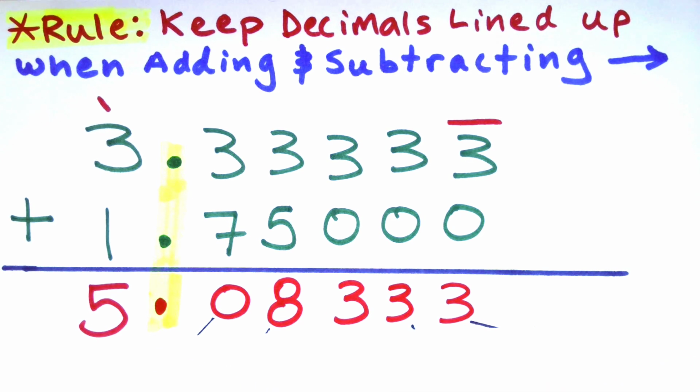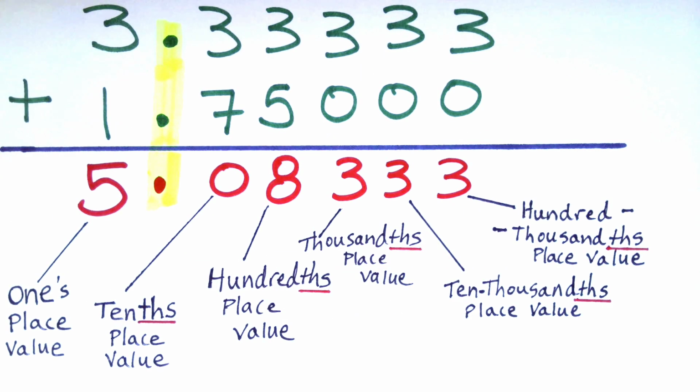And let's take a look at some of these place values. Starting to the left of the decimal is a 5. That's the ones place, like $5, right? To the right of the decimal, the 0 represents the tenths place value.